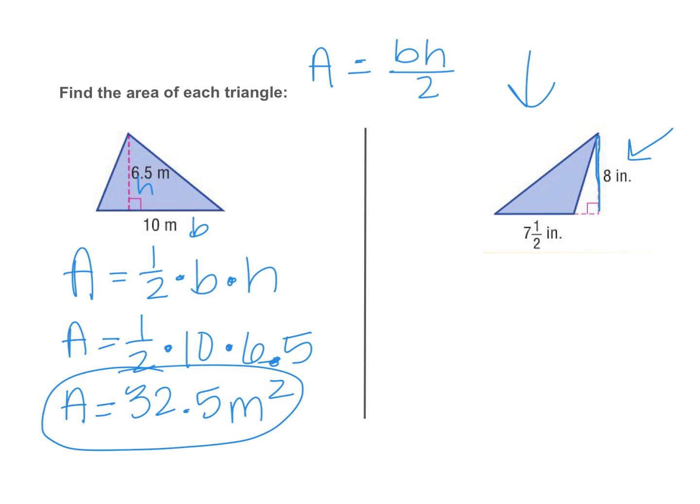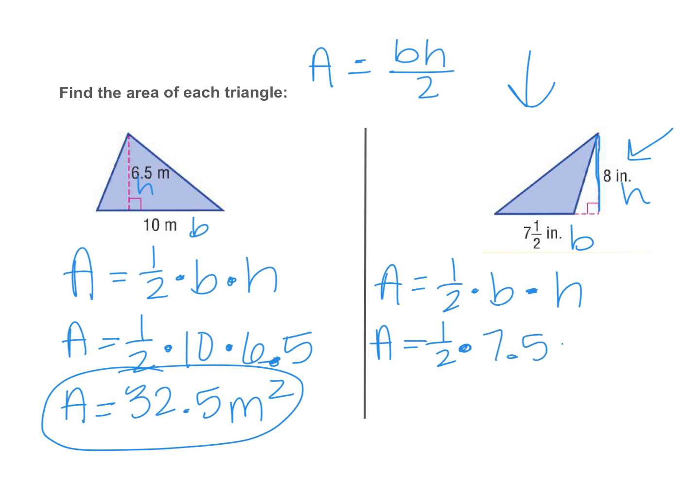So this is my base, which is 7.5, and this is my height, which is 8. So again, we have A equals 1/2 times base times height. And then let's rewrite it. A equals 1/2 times 7.5 times my height, which is 8.